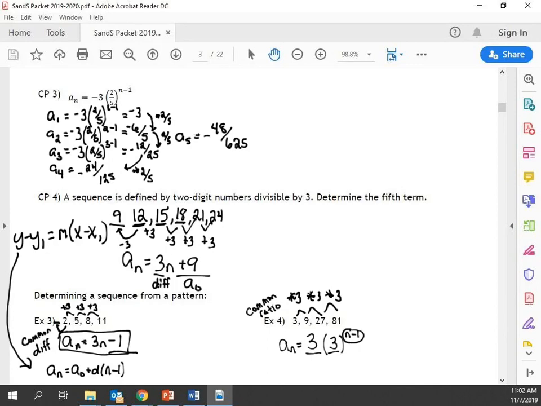Let me explain to you why it's n minus 1 real quick, guys. If I start off with the very first term, so a sub 1, n is equal to what here, guys? So in order to get the first term, remember, this is my first term, isn't it?